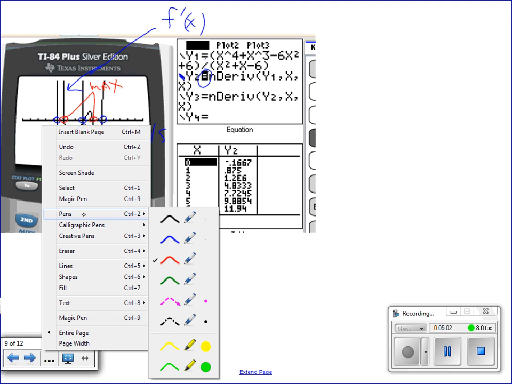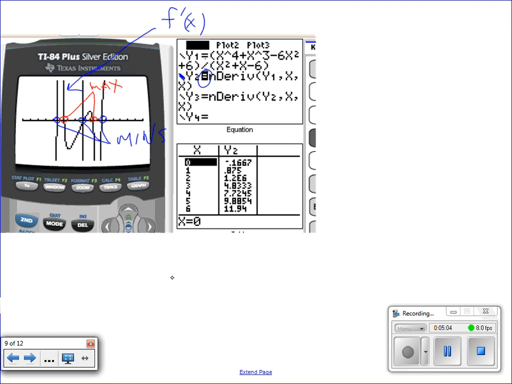We've talked about that. The inflection points are where the first derivative goes from decreasing to increasing. There's an inflection point, and here's an inflection point. Okay, so in green.